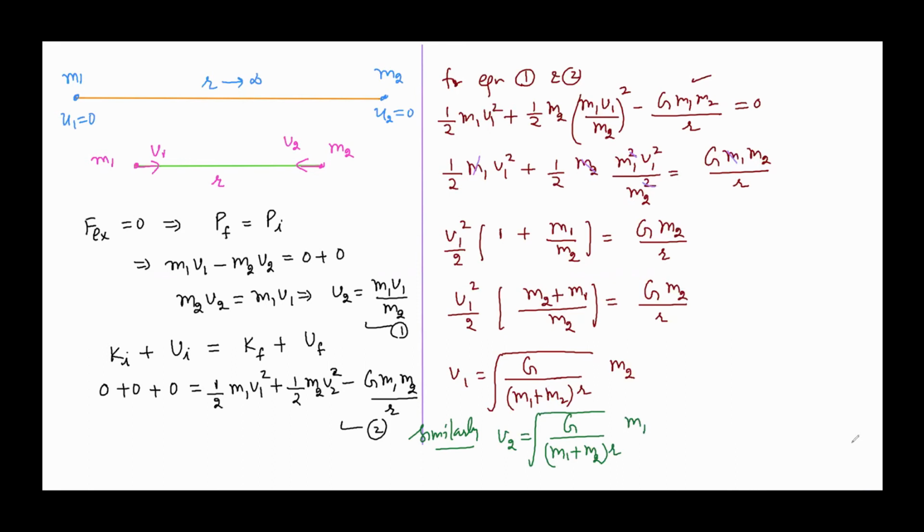So now the next point is their relative velocity of approach. If I want to explain their relative velocity of approach, I have two masses. One is m1, its velocity is v1. Second is m2, velocity is v2. So if we calculate the relative velocity, velocity of 1 with respect to 2 is velocity of 1 minus velocity of 2.